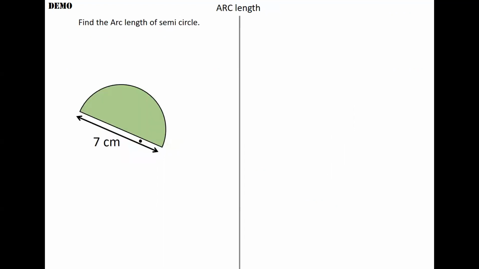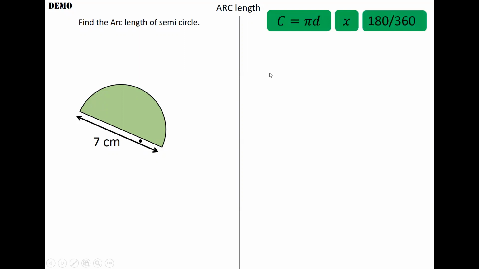Right. We look at the sector of a circle or semicircle. So how do we calculate the arc length? The arc length is the curvilinear section. So here the formula is you take the normal formula multiplied by theta over 360. What is the formula? Pi d, that is for the circumference, multiplied by theta over 360.